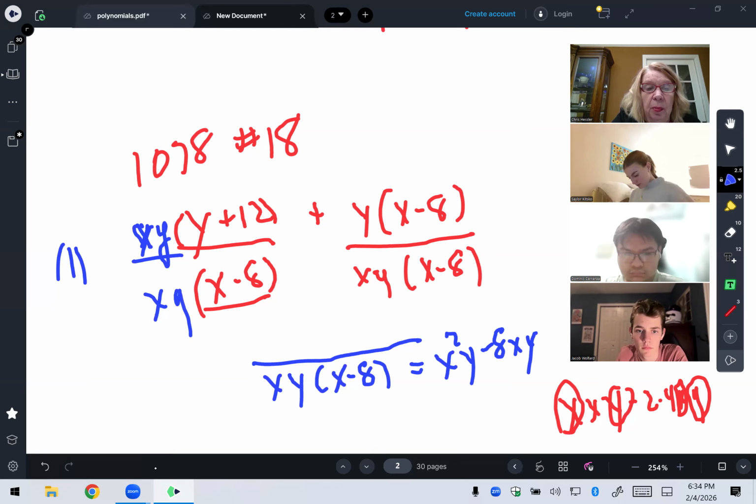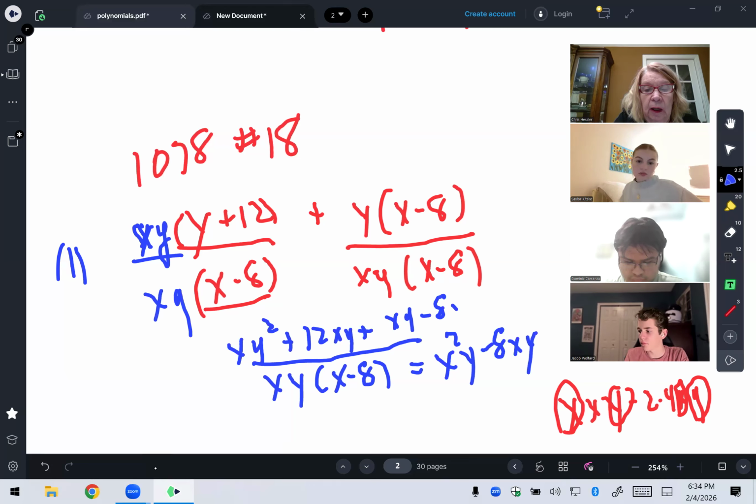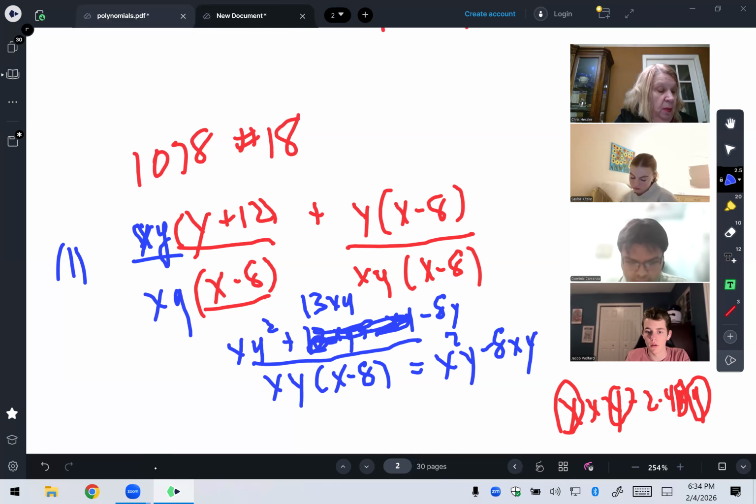And then in the top, I'm going to have xy squared plus 12xy plus xy minus 8y, right? And so 12xy and 1xy is 13xy. And so it's very much beginning to look like answer choice C.